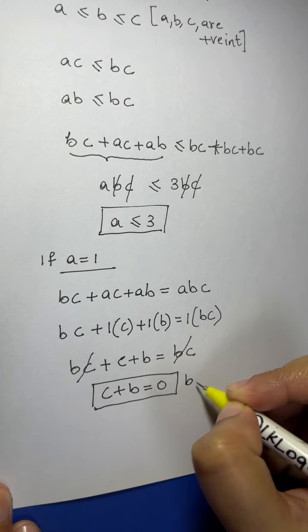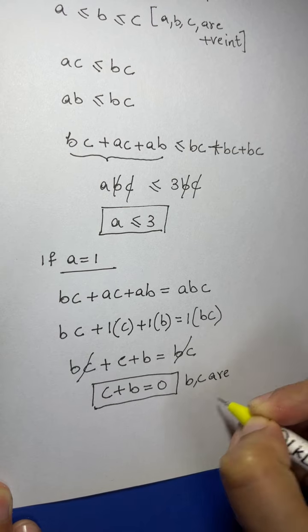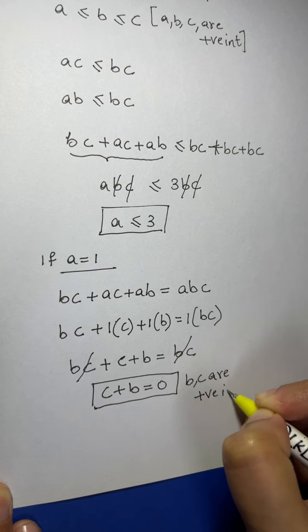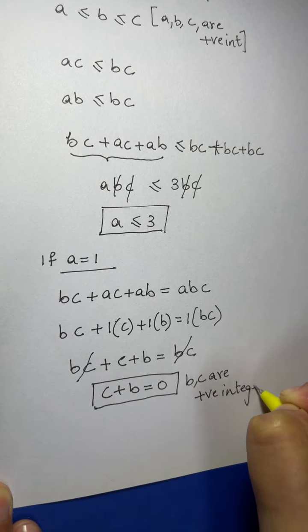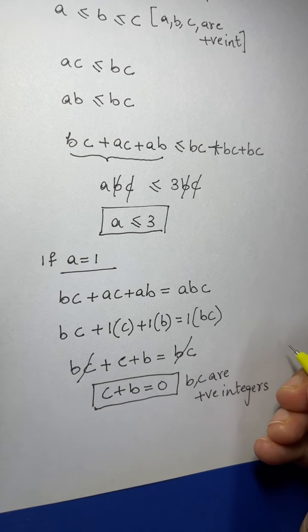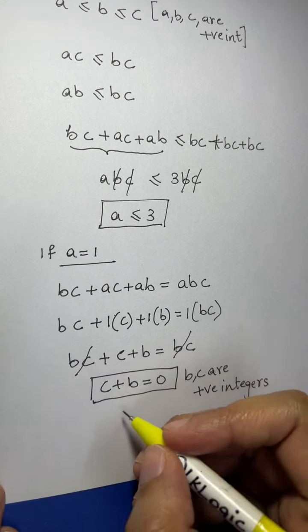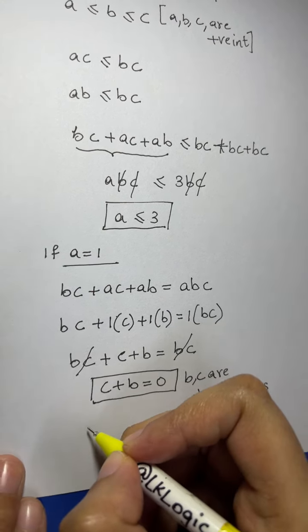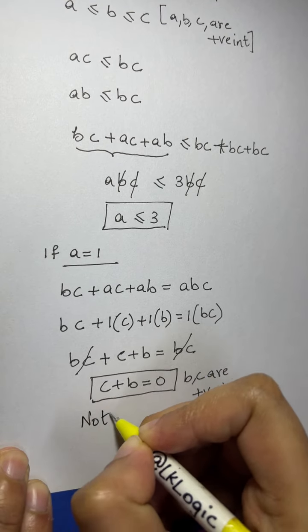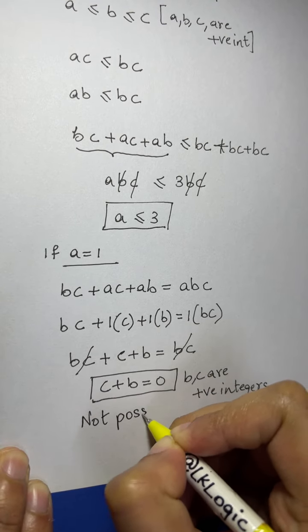So is c plus b equal to 0 possible? No, not possible. So I'm going to write that c plus b equals 0 is not possible.